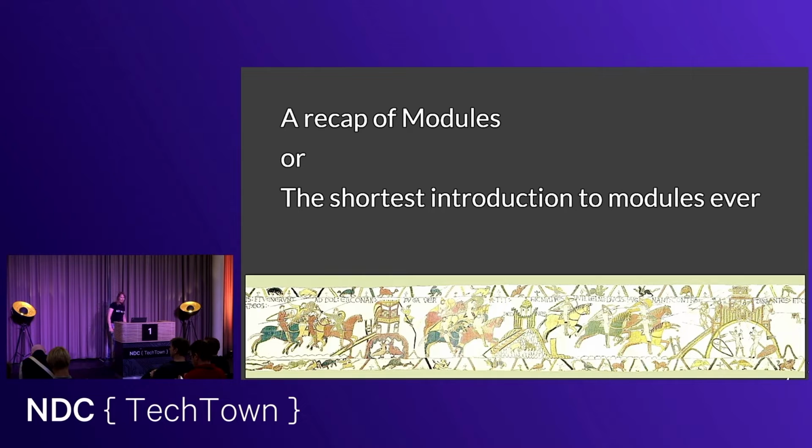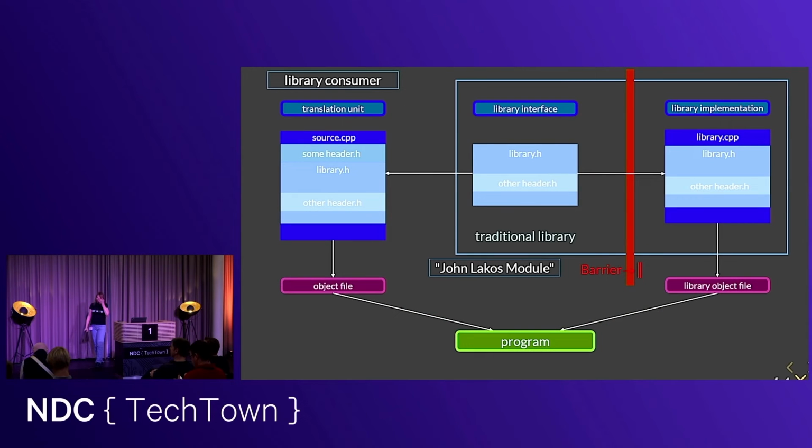So let's dive into modules. This is probably the shortest introduction that you will ever get in your life about modules. In the traditional compilation world, we have libraries that have an interface usually implemented as a header, and we have implementation files, and this combination is called by John Lakos, hopefully you know this name, a module, which it isn't, but anyway.